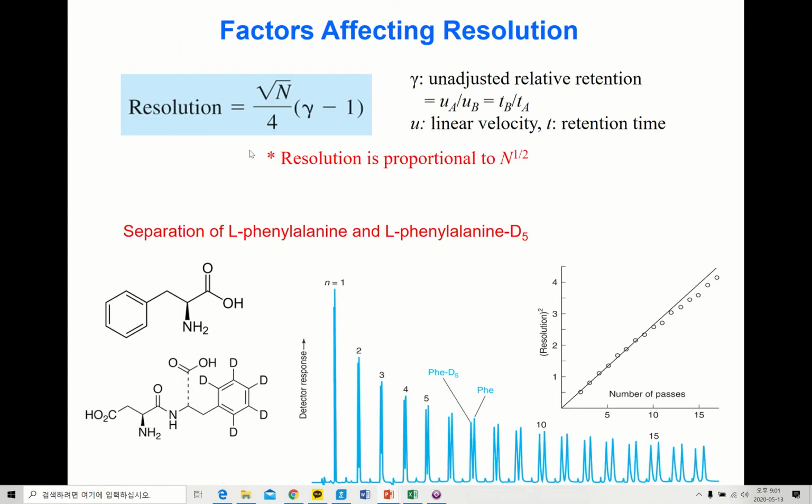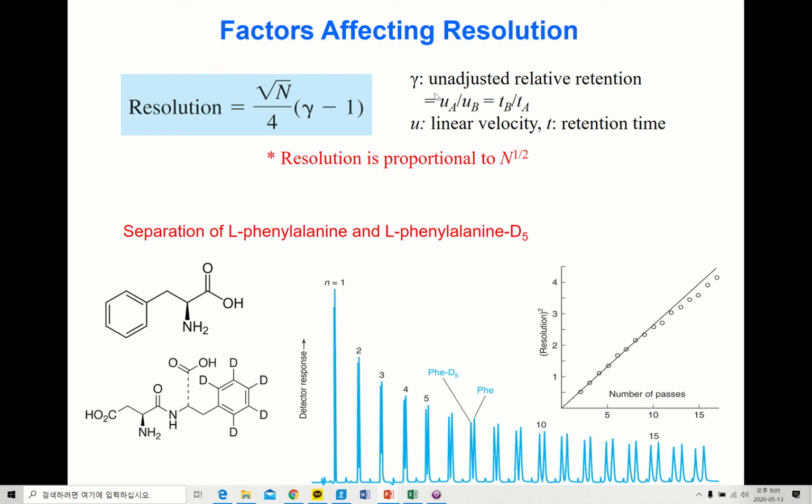Resolution can be expressed in a different way: it is the square root of n divided by 4 multiplied by gamma minus 1. Here gamma is a new parameter, called the unadjusted relative retention.